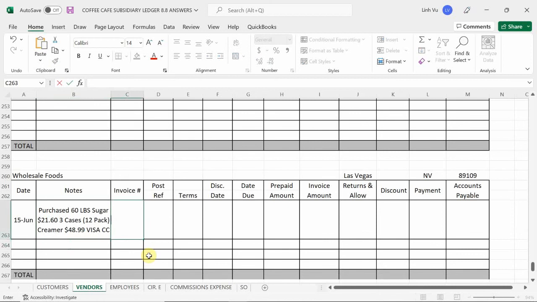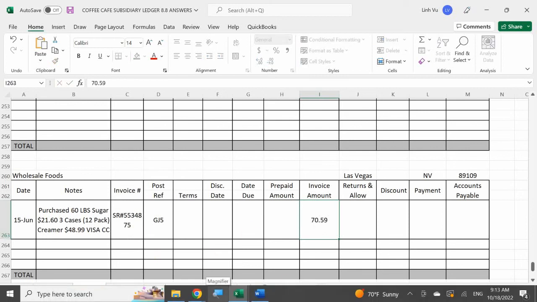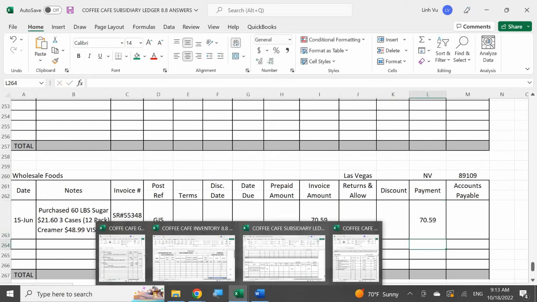What was the sales receipt number? 5534875. Good. Post reference, Journal 5. Good. We can skip all this. What was my receipt amount? $70.59. And we made a payment with my credit card for how much? $70.59.